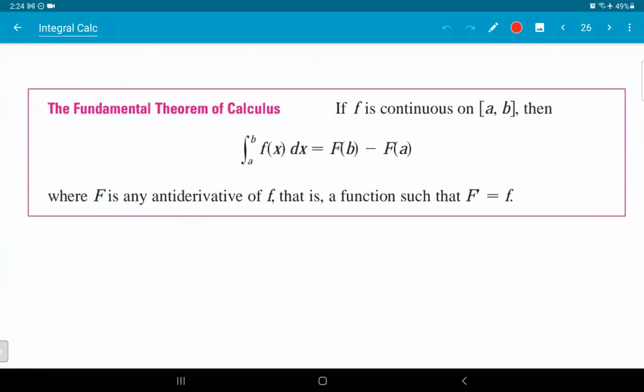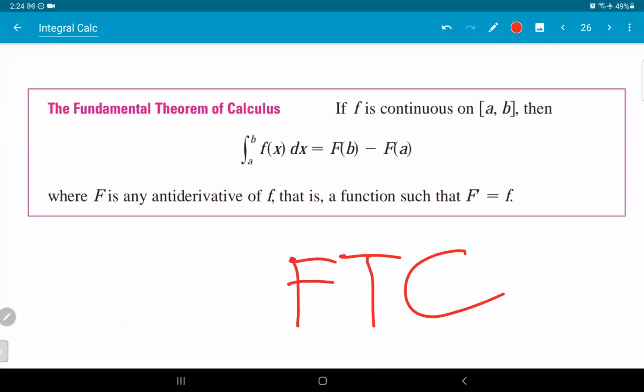So now we will go to, since this is part of our syllabus, the FTC, or the Fundamental Theorem of Calculus. The Fundamental Theorem of Calculus allows us to evaluate definite integrals very quickly, like with slopes of tangent lines, where we just use the differentiation process without having to use a table of values or evaluate a very complicated limit. Okay? So what does the Fundamental Theorem of Calculus say?